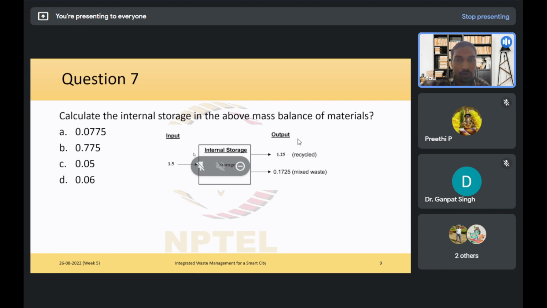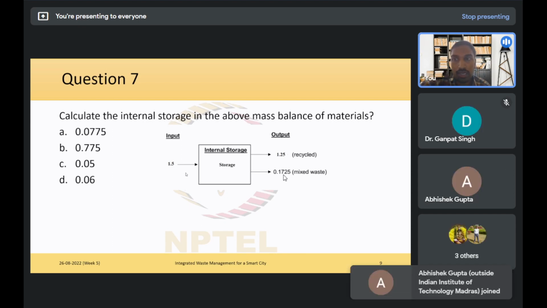Then there are some outputs. Some recycled material, the quantity of that is 1.25, the same units, and then there is some mixed waste with quantity 0.1725. So we know how much is the input, how much is the output. The question is, what is going to be the internal storage? The options are 0.0775, 0.775, 0.05, and 0.06.